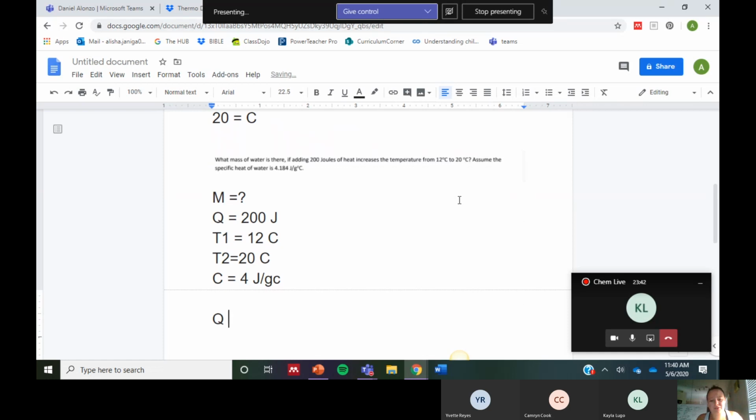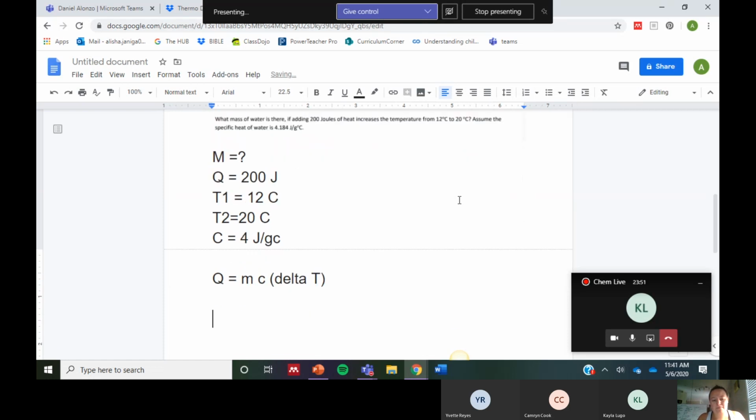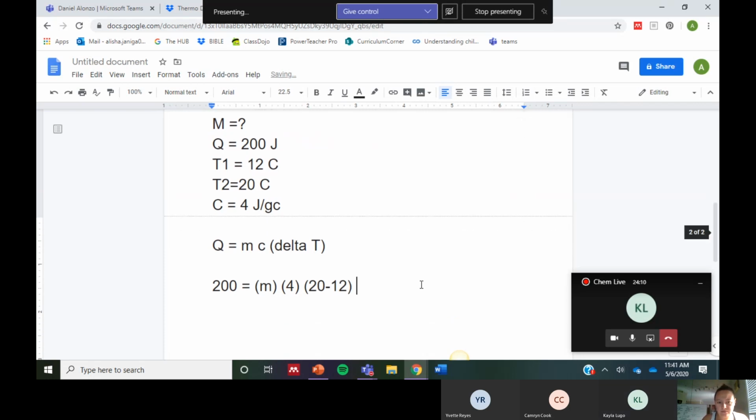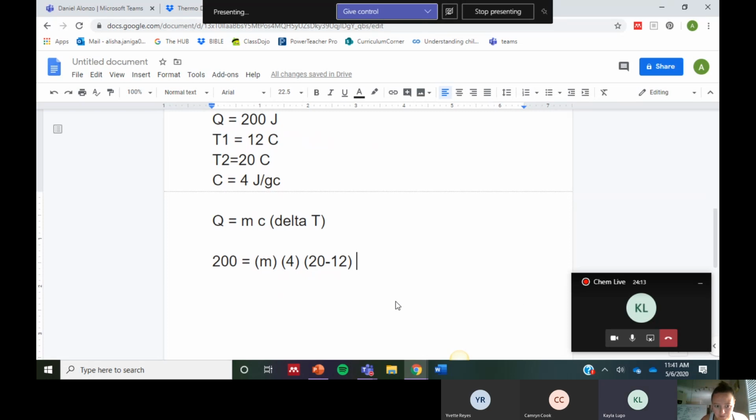Then we plug in our formula. We have Q, MC, delta T. Then we plug in the variables. So we have 200 for Q, mass we don't know, 4 for the C, and delta T we take T2 minus T1. So then we solve for M. I think I can pull up a calculator and that would be easier.